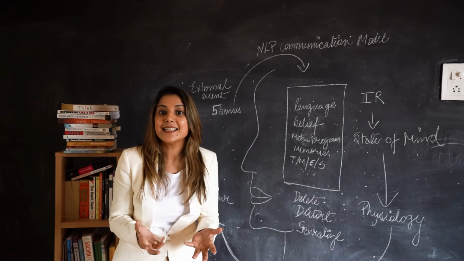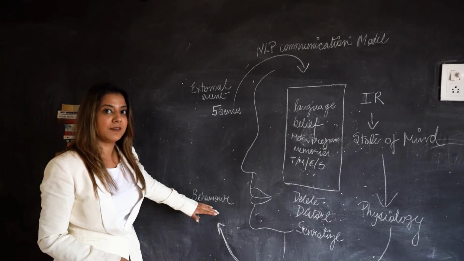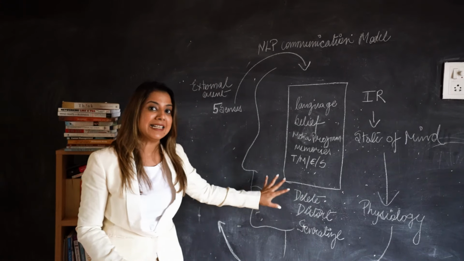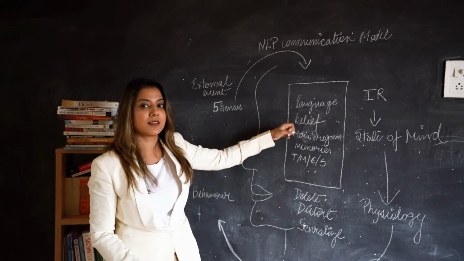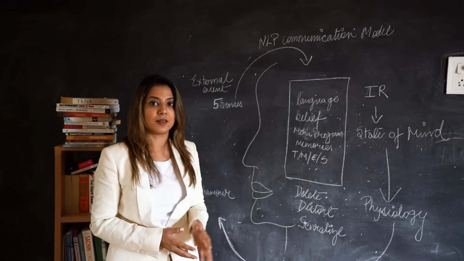But is it that easy? No. To change behavior, a lot of change work needs to be done inside, in changing the belief system, in the filter which has been set for years now.